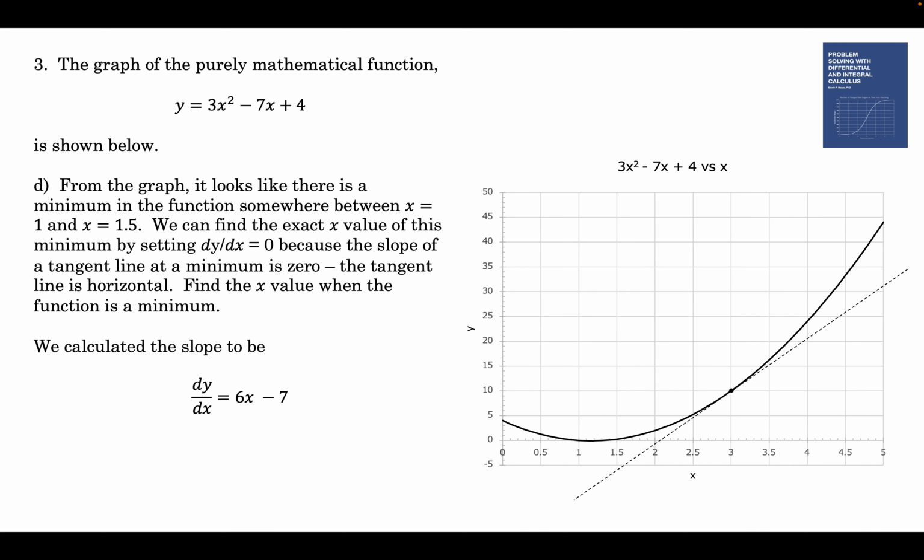We want to know where it's 0. So we plug in 0 for dy dx, and we're going to find x. So there's the slope, 0 equals 6x minus 7. That's simple algebra. We can solve that for x. We add 7 to both sides and divide by 6. X is 7/6. 7/6, right in here.